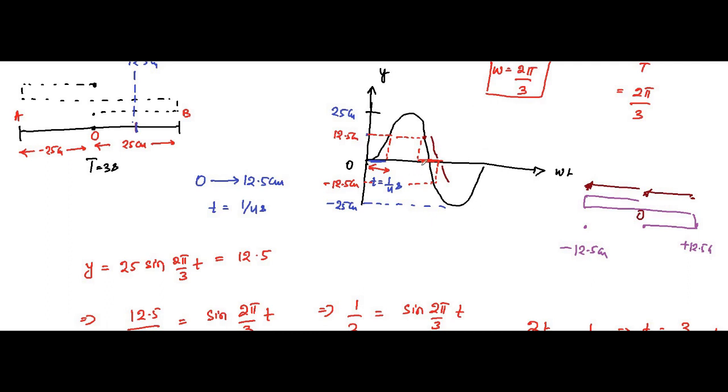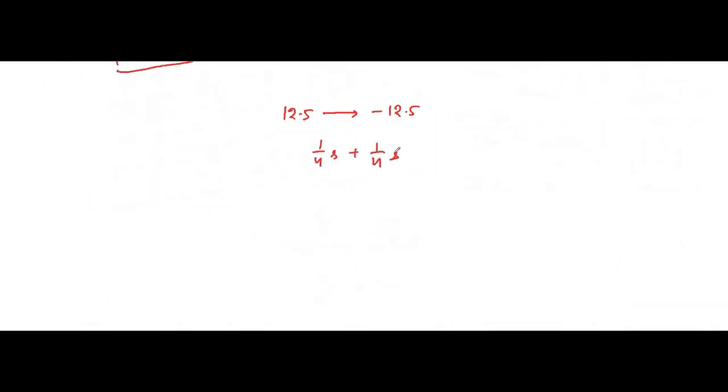Let me highlight it again. This is the time taken between plus 12.5 centimeters and minus 12.5 centimeters, the total time taken. 1 by 4 plus 1 by 4 is equal to 2 into 1 by 4, which is equal to 1 by 2 seconds, which is 0.5 seconds.